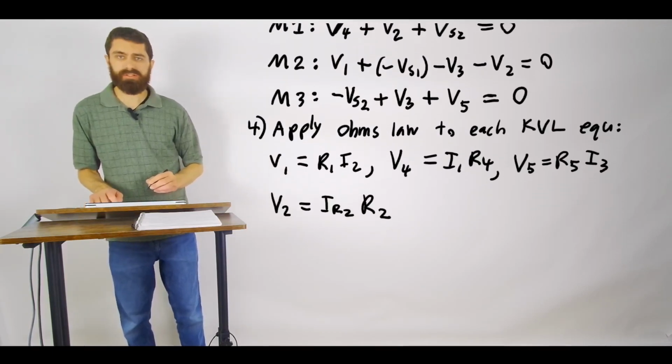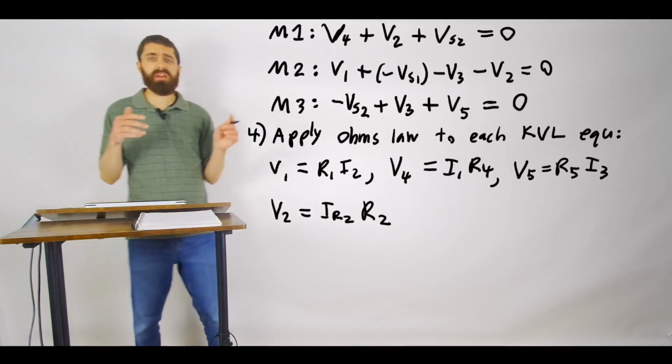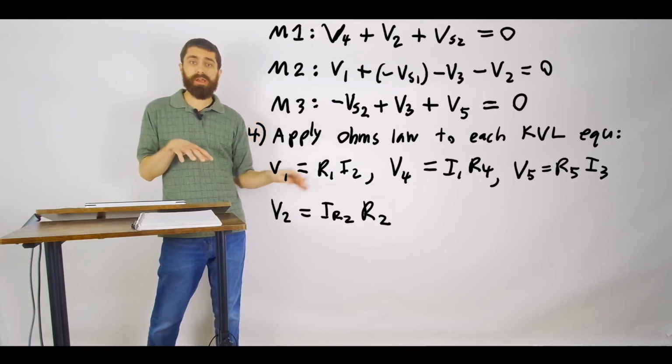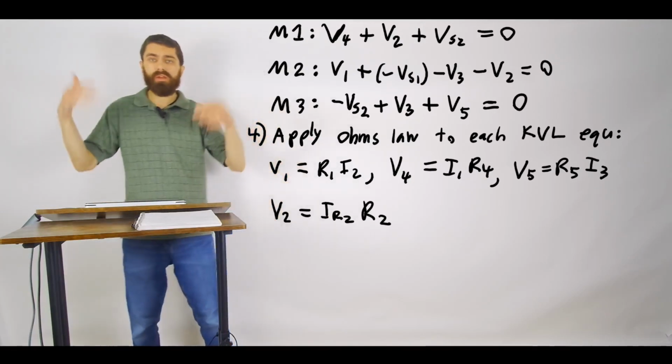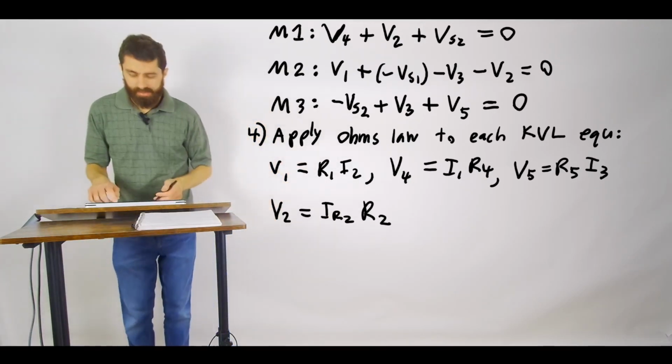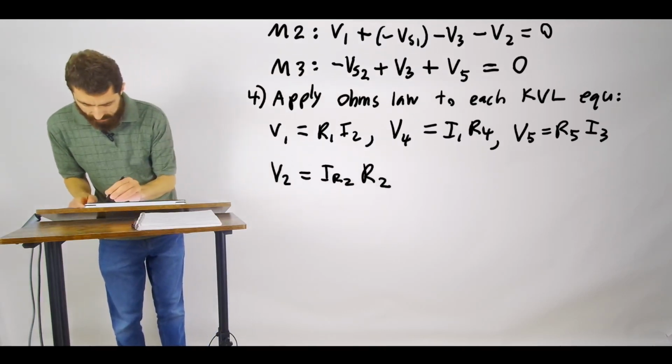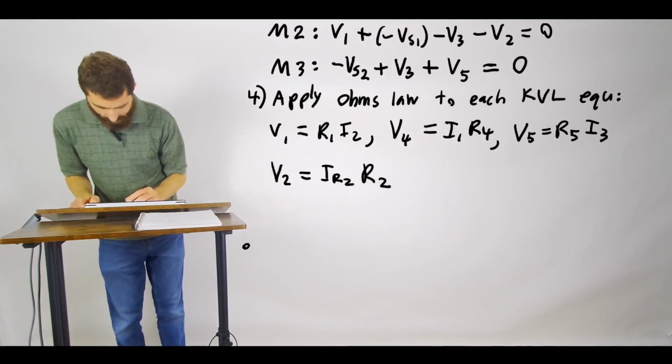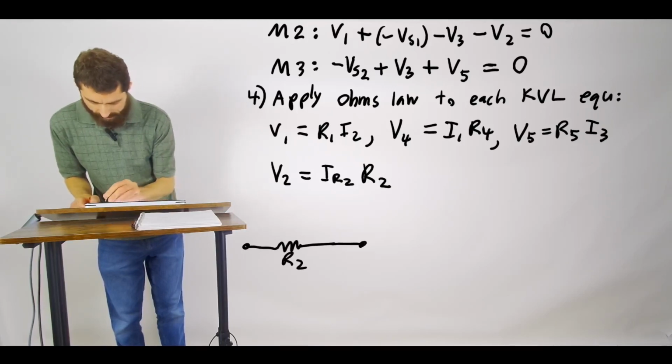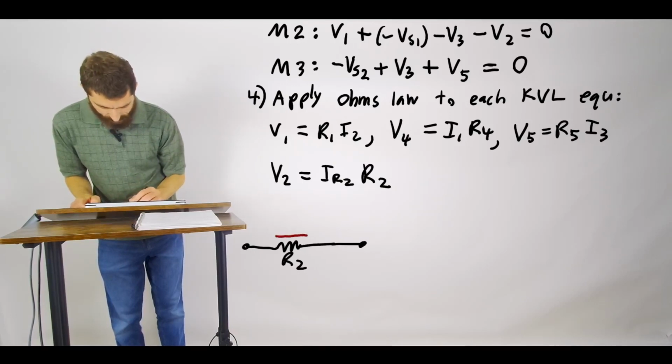Now the question is, how do you express the current in the resistor IR2 in terms of your mesh currents? Here I'm going to draw R2 isolated. It has a certain current flowing through it, IR2.